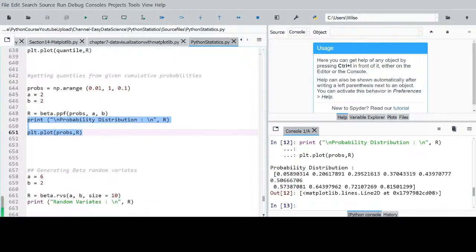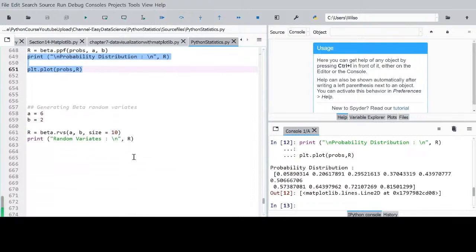The last function in the beta distribution in Python we will show is generating random variables in a beta distribution. So we set, for example, a beta distribution with alpha and beta 6, 2 here.